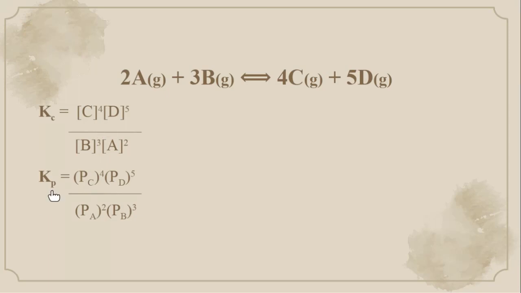And for Kp, only gases are allowed. And this is a different way that you would write it. You wouldn't put brackets. You would actually put a big P and then a lowered C, D, A, B for your reactants and products. And then you would put parentheses over that whole thing and raise it to your given coefficient for your exponent.